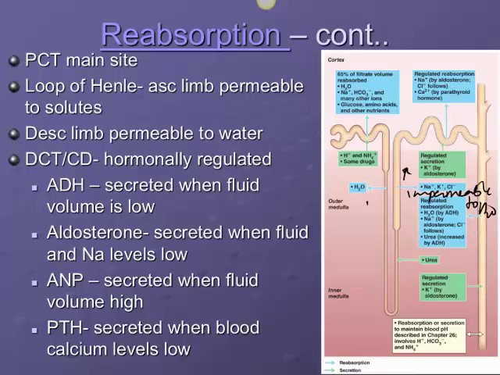And this one is permeable to water. And we'll see later how, because water moves out here but only solutes move out here, the concentration gradient in the medulla keeps changing.